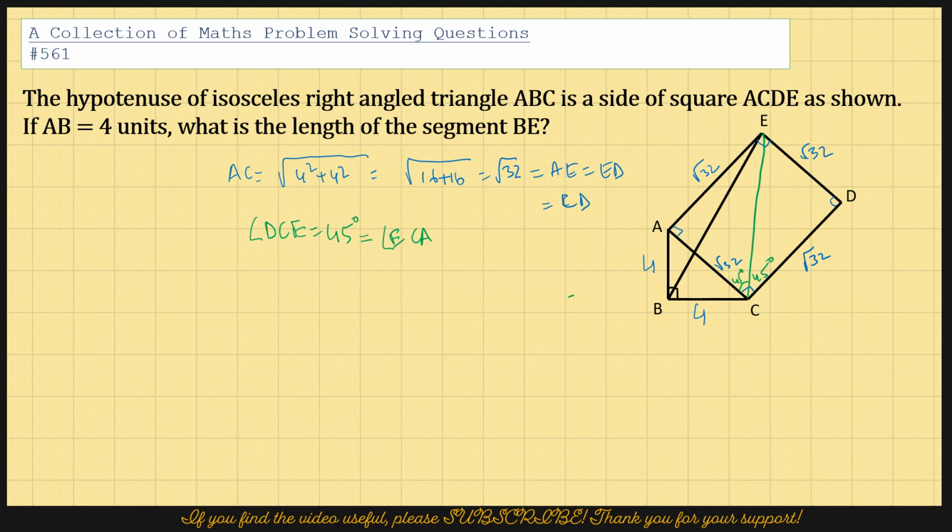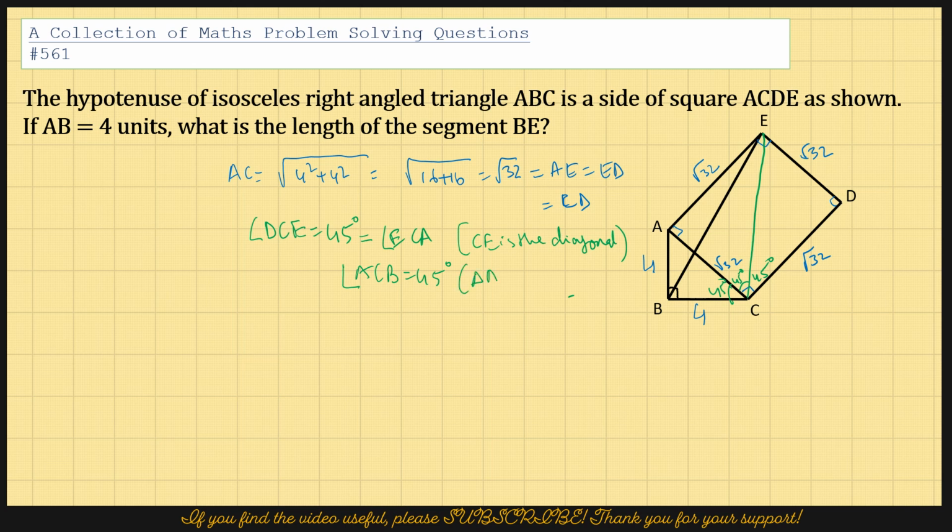Okay, and being a square and CE is the diagonal, that's because CE is the diagonal. And then you see in triangle ABC, angle ACB is also equal to 45 degrees.